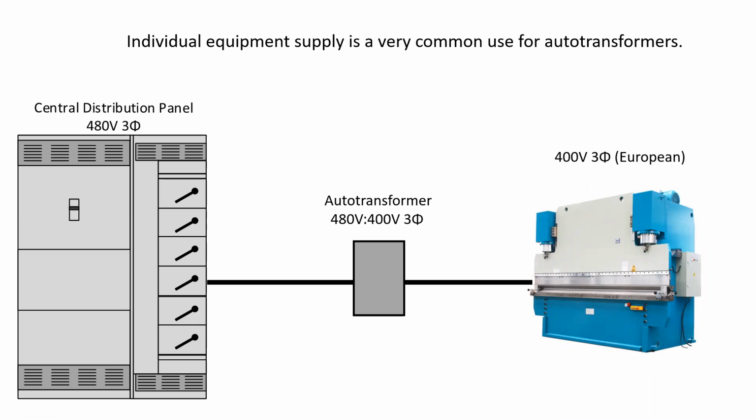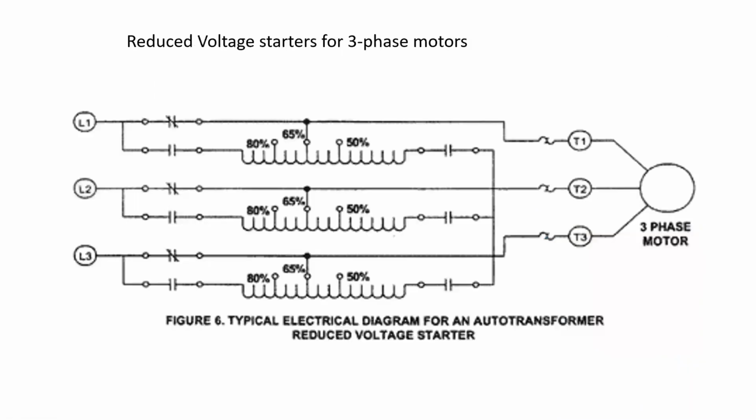Instead of supplying this piece of European equipment with an isolation transformer, we can, at far less expense, install an autotransformer and supply the equipment. And finally, reduced voltage starters for three-phase motors. We're going to look at some autotransformers that are three-phase that would be used with this type of installation.